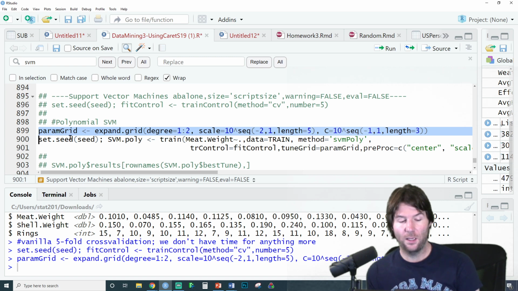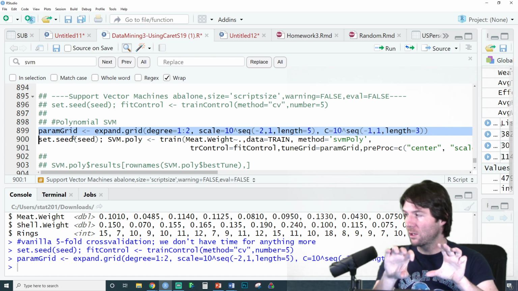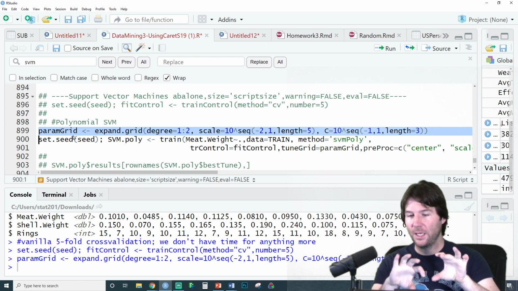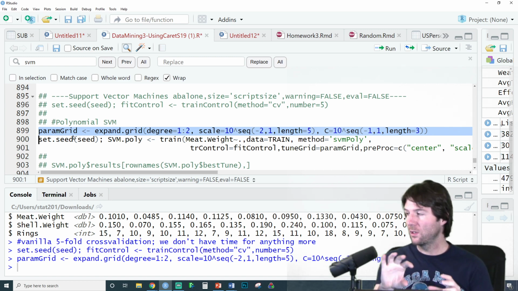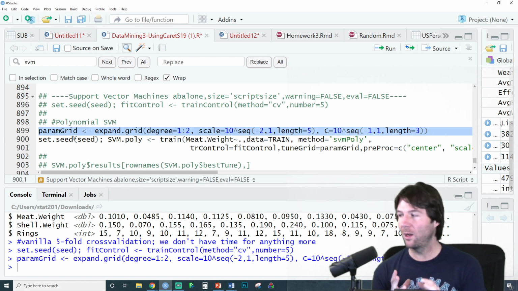The expand grid is going to create different, think of it as knobs on a stove, as in you could turn this knob up, turn this knob down. You can start turning them whichever way you want, and we're trying to find the best setting to bake a cake. So there's a timer knob, there's a temperature knob, there's a moisture knob.